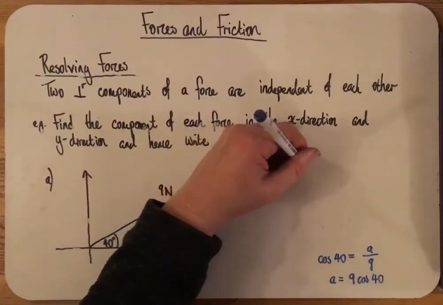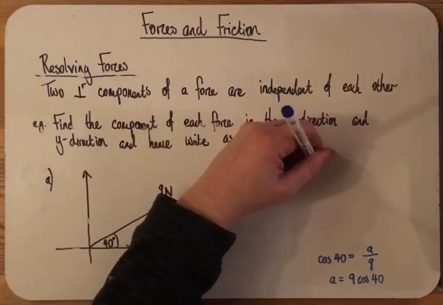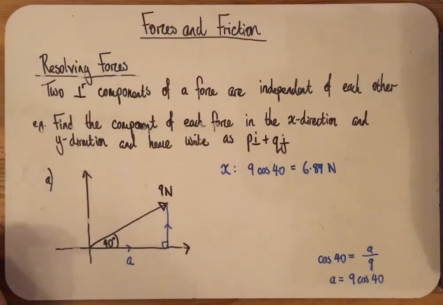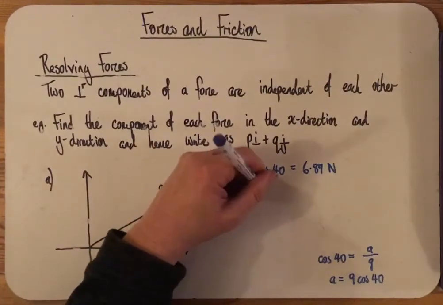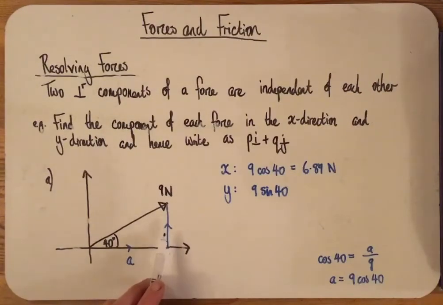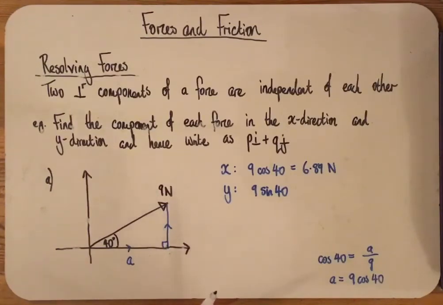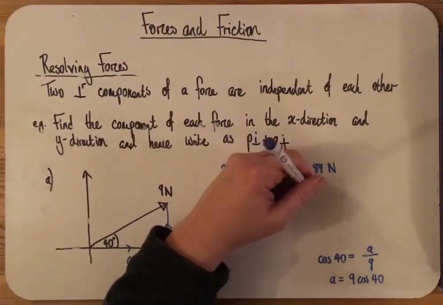cos 40, that gives you the answer to 3 sig fig. So we're on 3 sig fig at the moment. As soon as we start using g, we'll be going to 2 sig fig. And then the amount acting in the positive y direction, similarly, is equal to 9 sine 40, because we want the opposite, and the opposite divided by the hypotenuse gives you sine 40, and then you just pop that into your calculator.